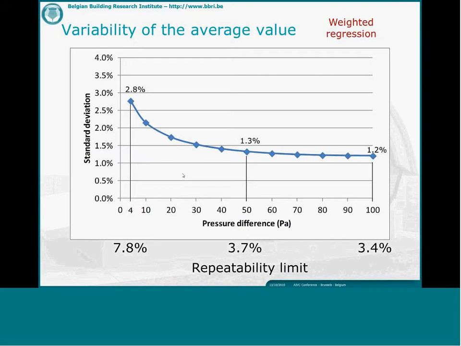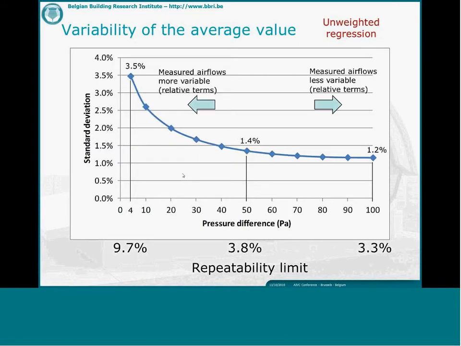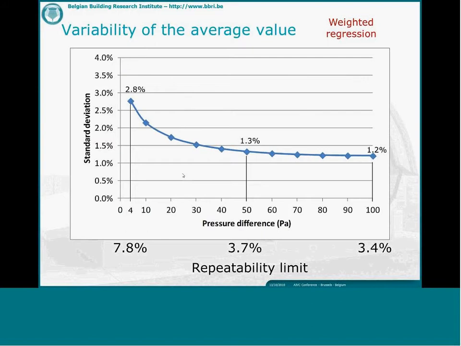But if we come to the results at 4 Pascal, you can see that the standard deviation is quite lower. I'll come back to the first results. So it was 3.5% and it's now 2.8%. So weighted regression could give lower variability of the results at 4 Pascals.